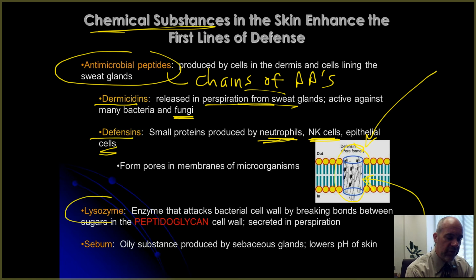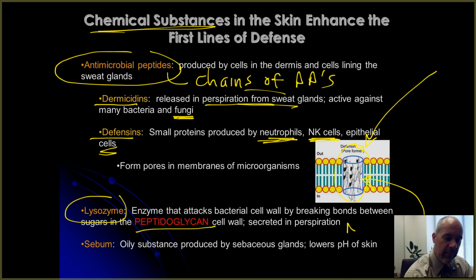Also in your skin, there are enzymes called lysozyme enzymes. These are not the same as the lysosomes we've talked about that your phagocytic cells have, that are basically little membrane-covered compartments of digestive enzymes. This is different. This is a very specific enzyme. And what it does, it breaks the bonds between the sugars.